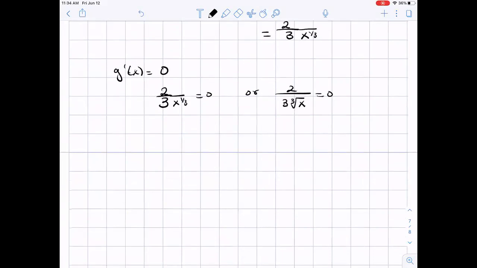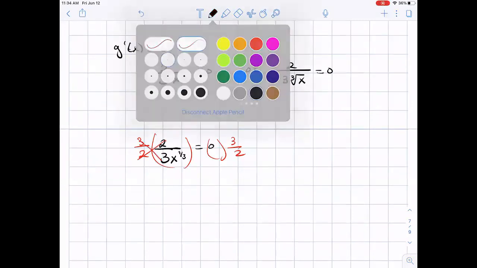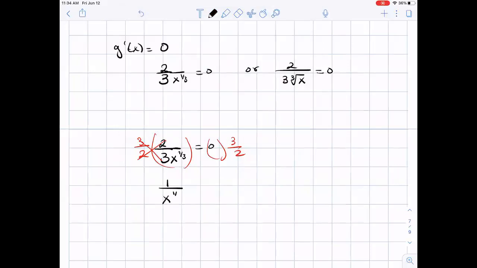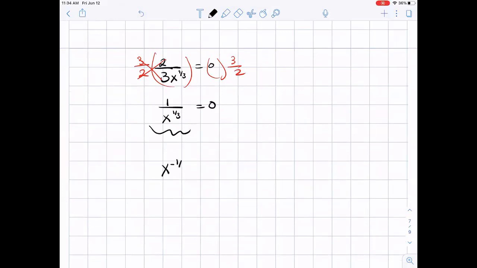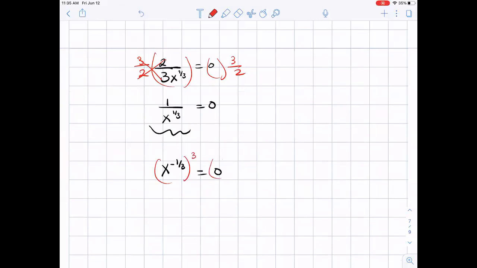First thing I could do is get rid of the fraction, so I can multiply both sides by 3/2. So this will cancel out, and we have 1 over x to the 1/3 power still equal to 0. Another way of writing this is x to the minus 1/3 power equals 0. So we can raise each side to the 3rd power, so we have x is equal to 0.